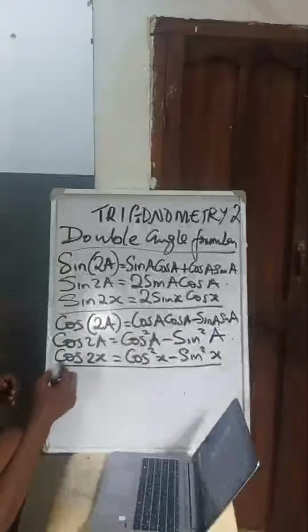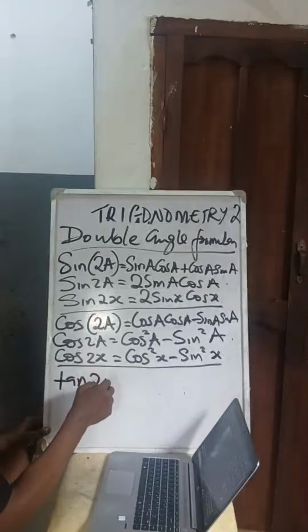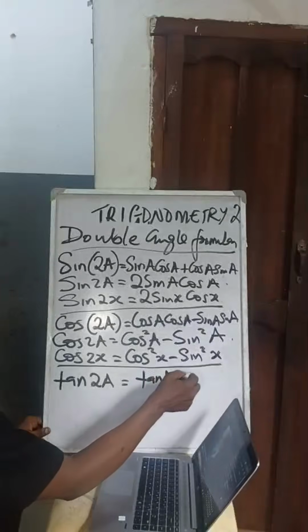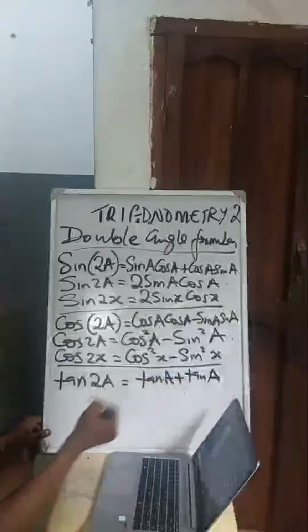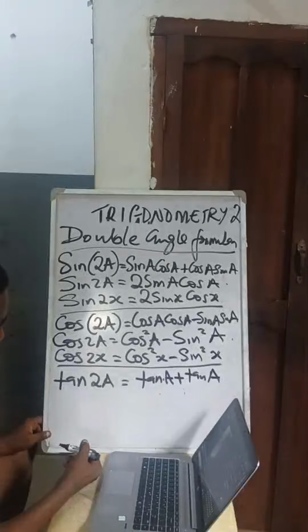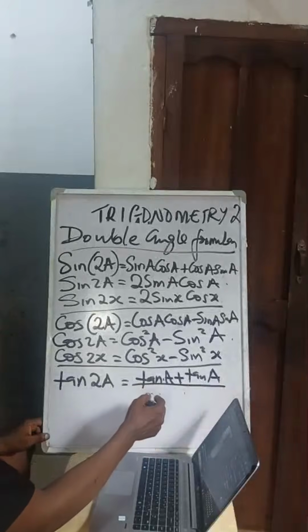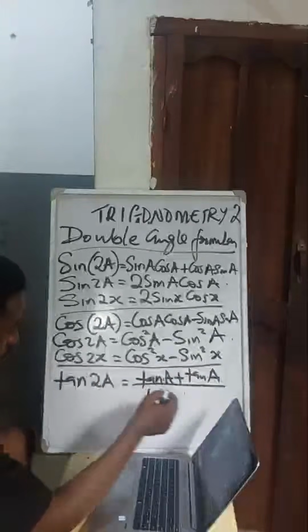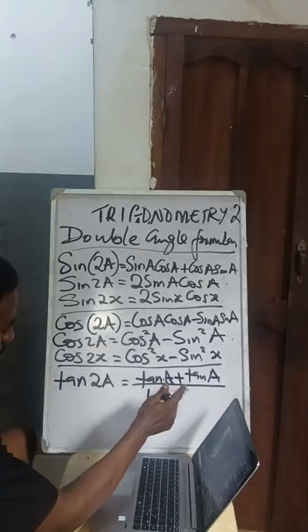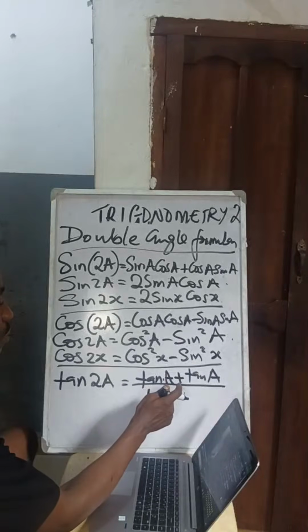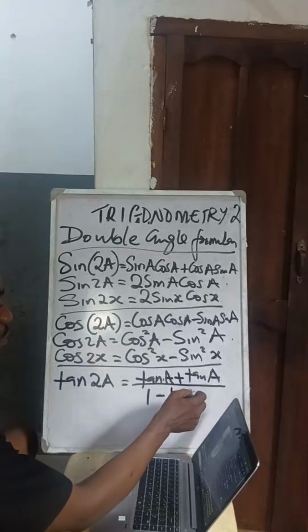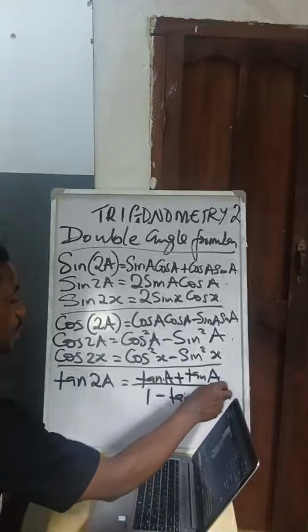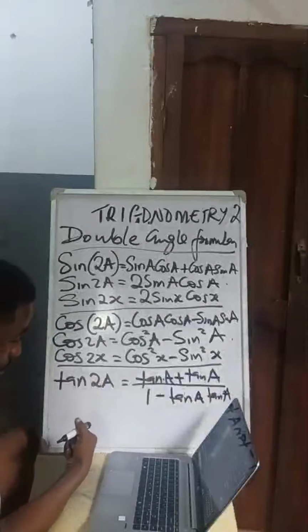Also, tan 2A is equal to tan A plus tan A, over 1 minus tan A times tan A. Okay?